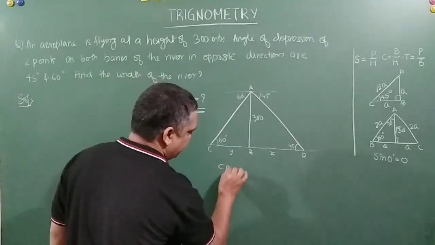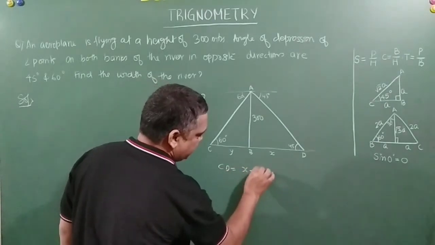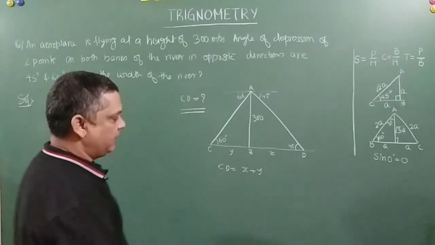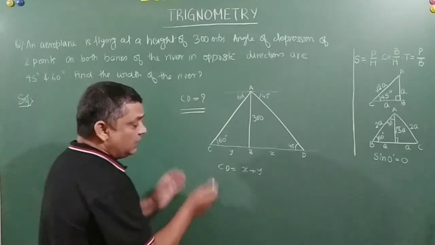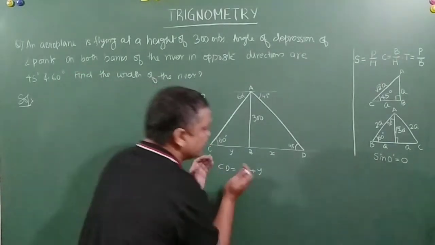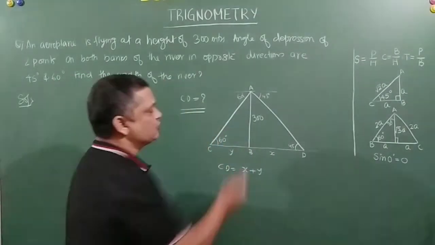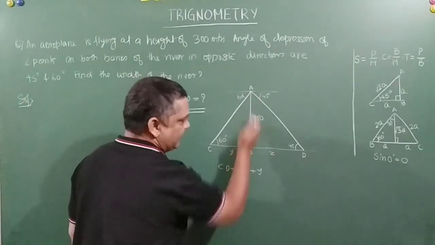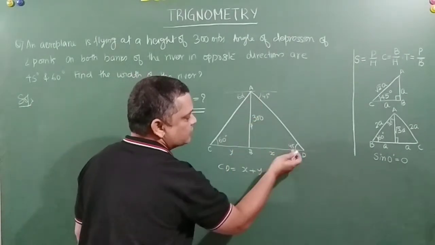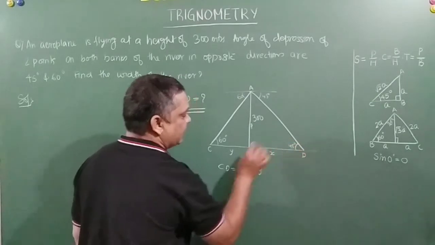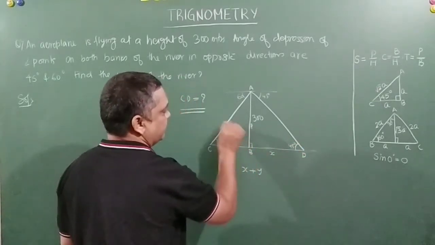So CD is equal to X plus Y. Okay. Now the thing is, can we express X in terms of this altitude or perpendicular using this angle 45 degrees, right? Can we do that?